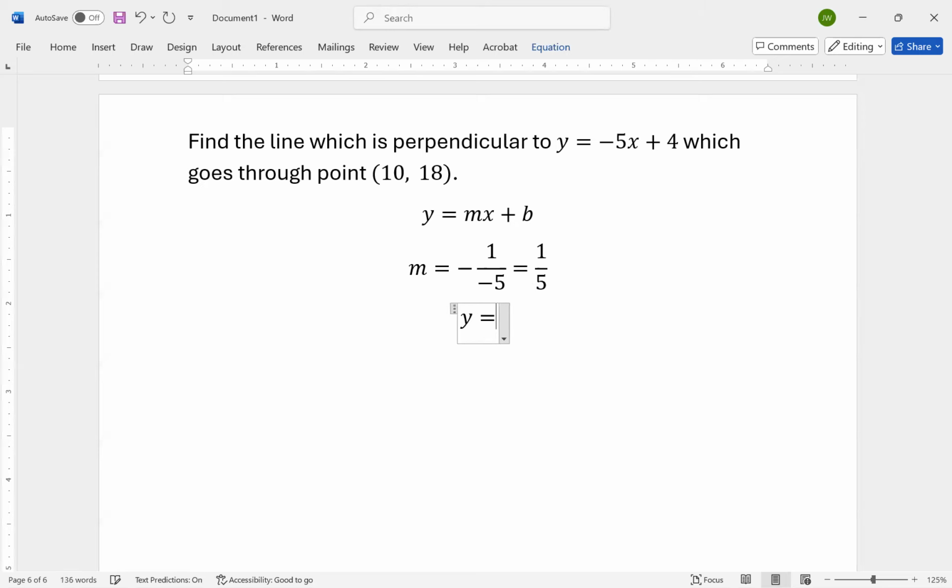That tells me my equation is going to have the form y equals 1/5 x plus b. And then I can plug in that point (10, -18) in order to find my b. Again, remember the y value is -18, the x value is 10.